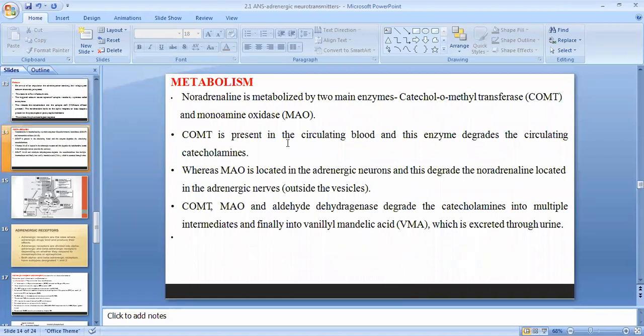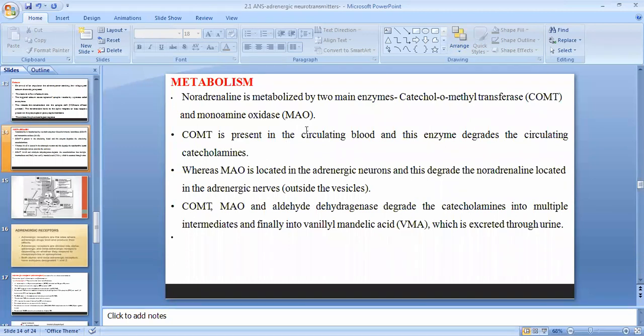Now how are these neurotransmitters metabolized in our body? They are metabolized by two main enzymes, catechol O-methyl transferase and monoamine oxidase. These are the two enzymes which are going to metabolize these released neurotransmitters.